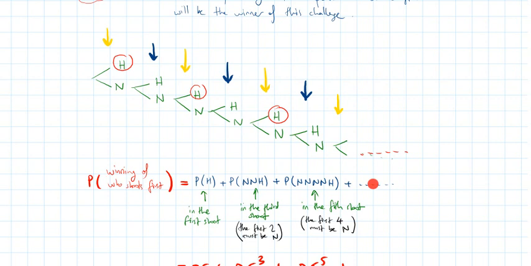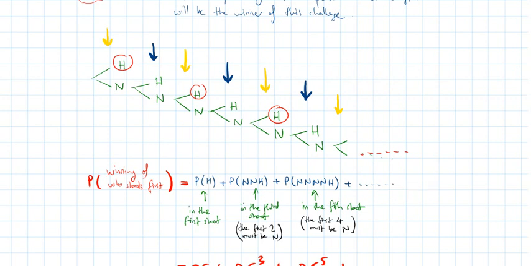I think it gives the idea: it is the odd-numbered shots that must be the one who wins. Like the first, or the third, or the fifth, or the seventh, or the ninth. And it goes in this order. It is either H, or NNH, or NNNNH, and so on.